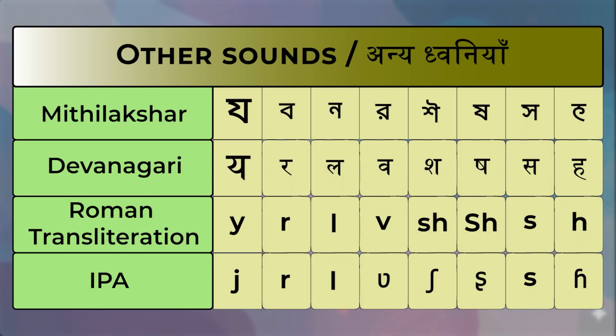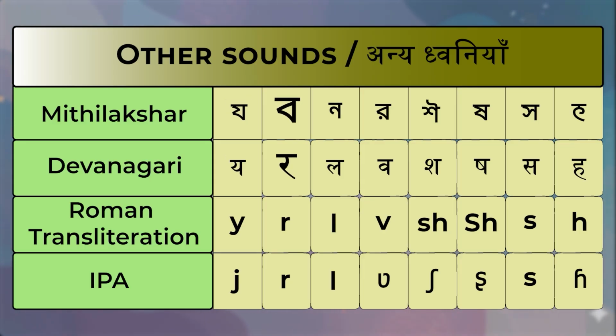Apart from the above groups of letters, which are categorized based on the place of articulation, there are other letters that cannot be categorized on those patterns. So, they are grouped separately and taught as the last set of letters. Let us practice them now. This is Ya.